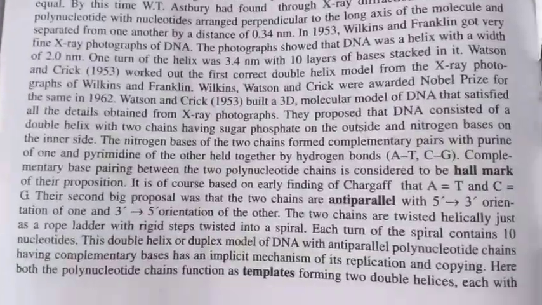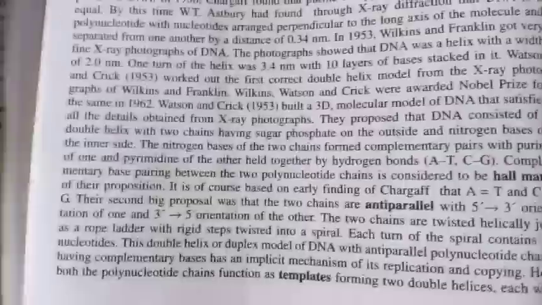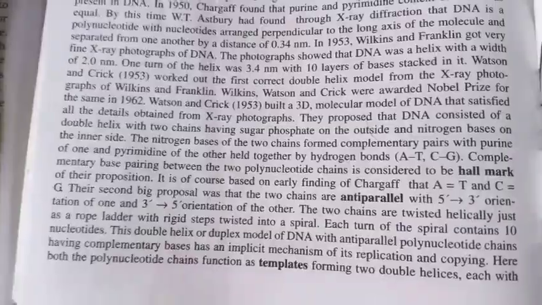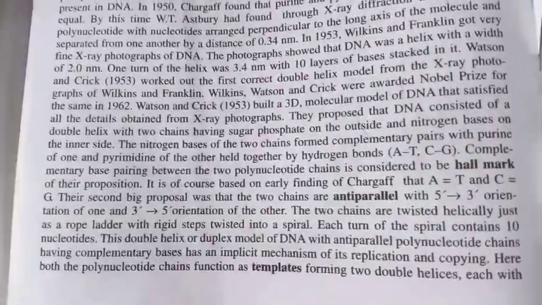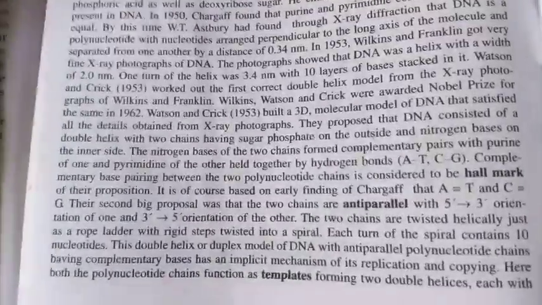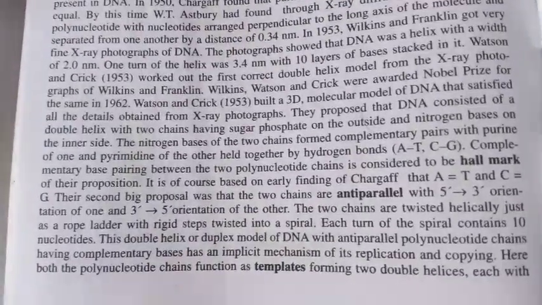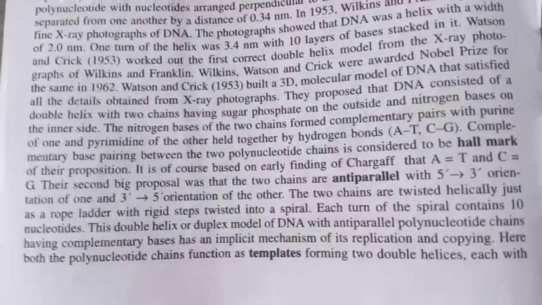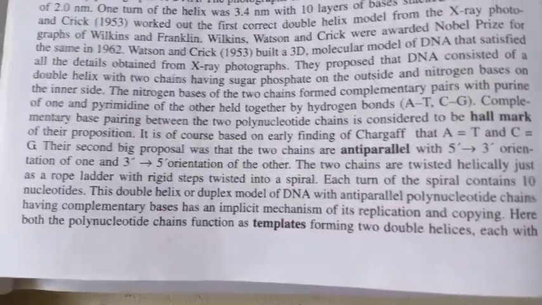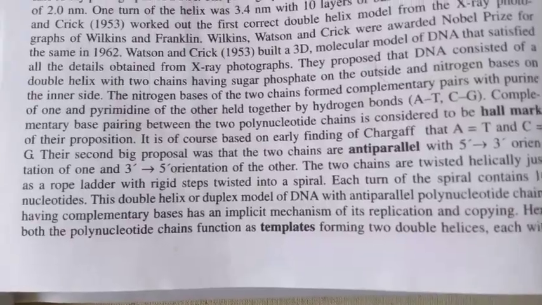In fact, the purines and pyrimidines were linked as adenine with thymine and cytosine with guanine. That is, to remember it simply, it is AT and CG. A complementary base pairing between the two polynucleotide chains is considered to be the hallmark of their proposition.